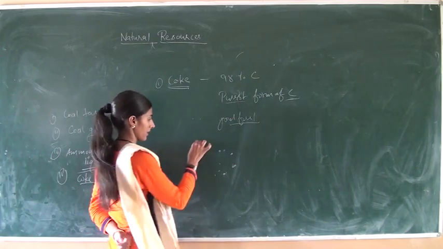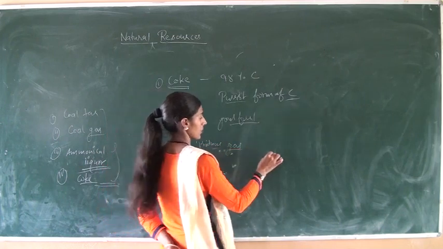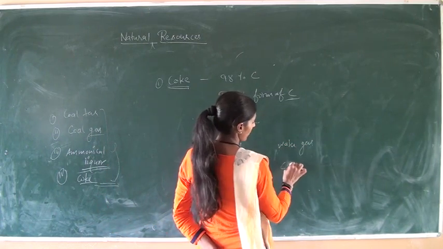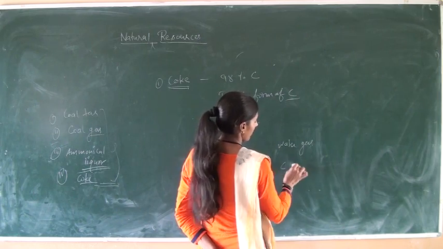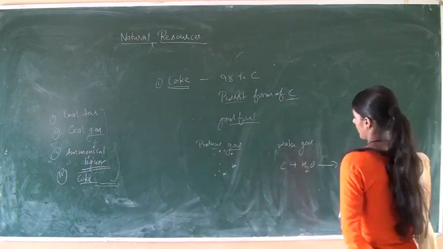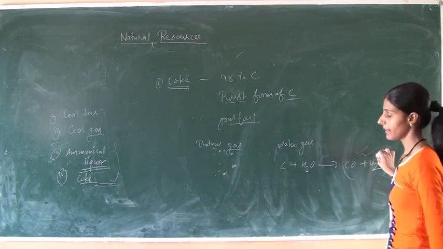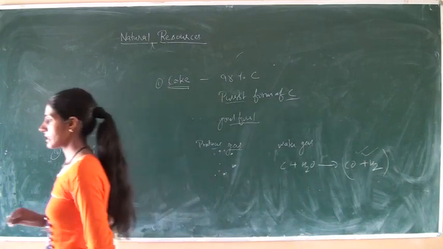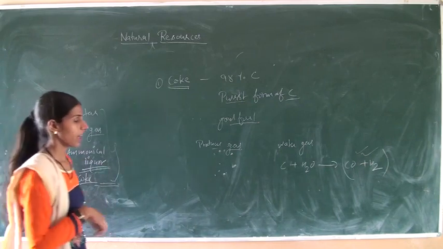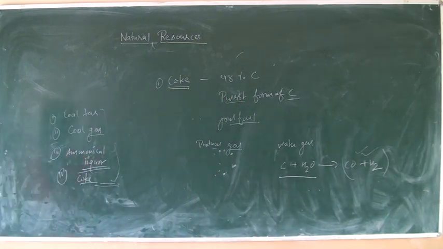After that, there are two gases, producer gas and water gas. When carbon reacts with water, carbon monoxide plus hydrogen gas is formed, and this is known as water gas.